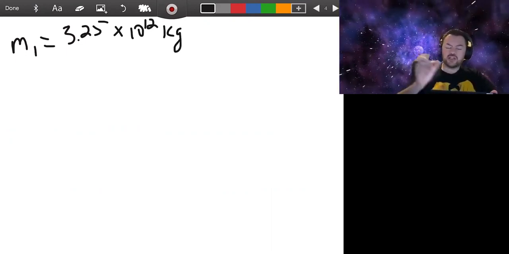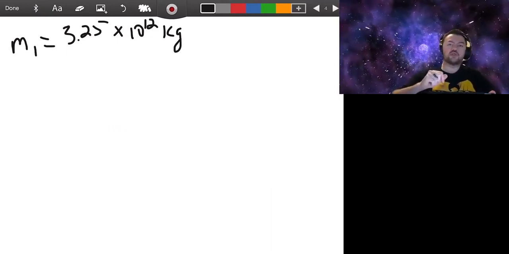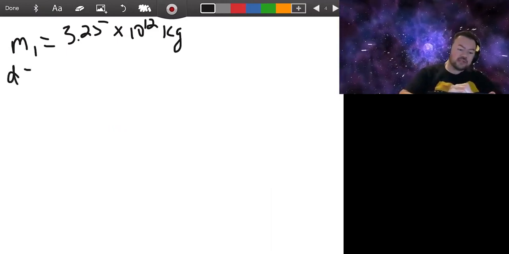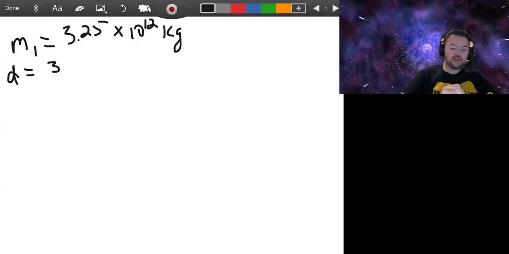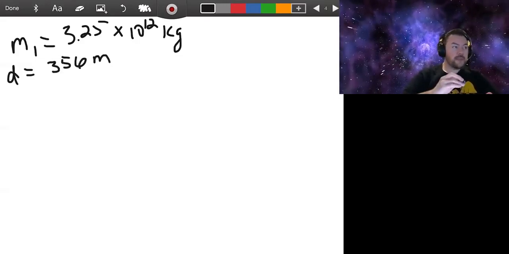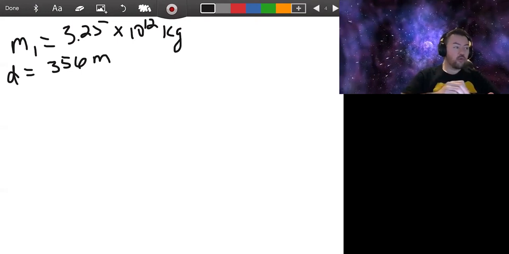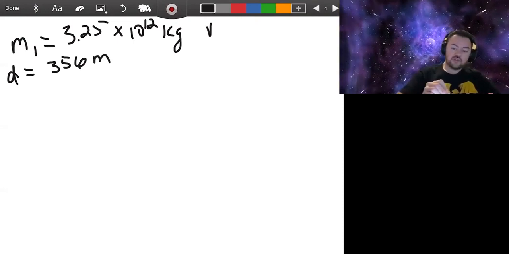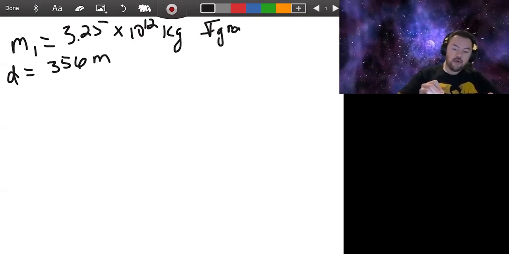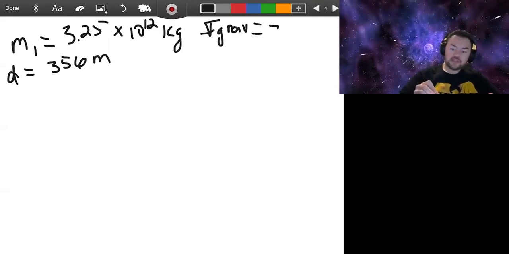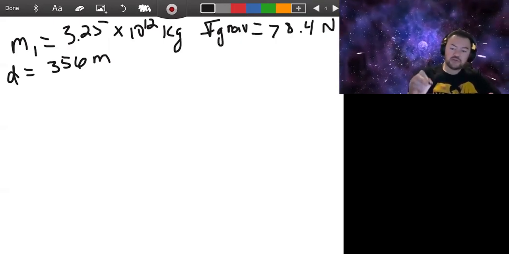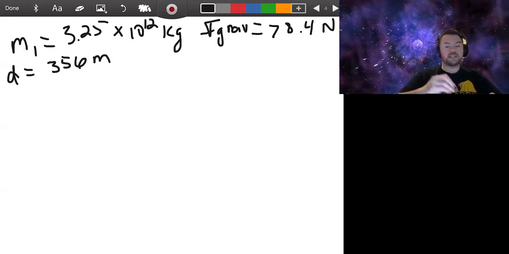Ooh, this is a smaller distance between these two objects. So distance is 356 meters. And then the resulting gravitational force, F grav, is 78.4 newtons. What is the mass of object 2?